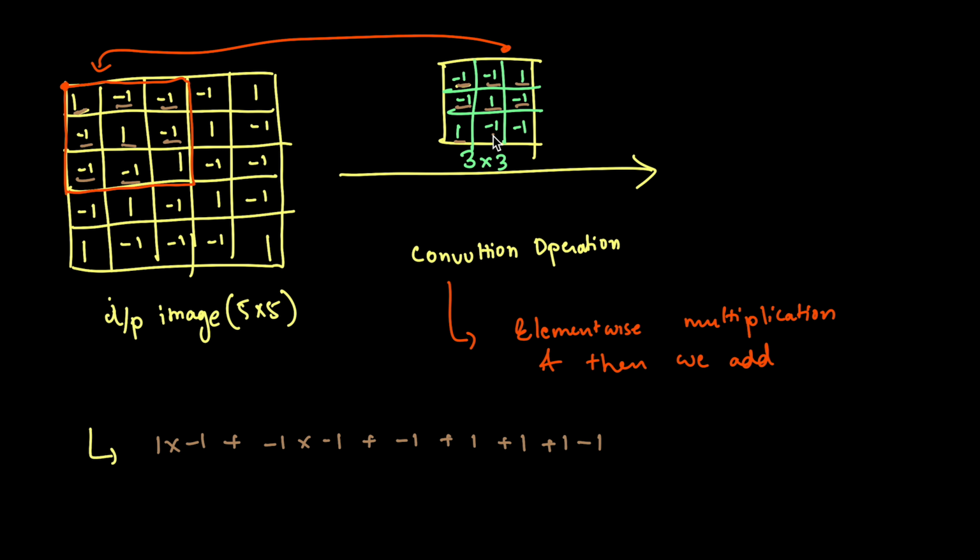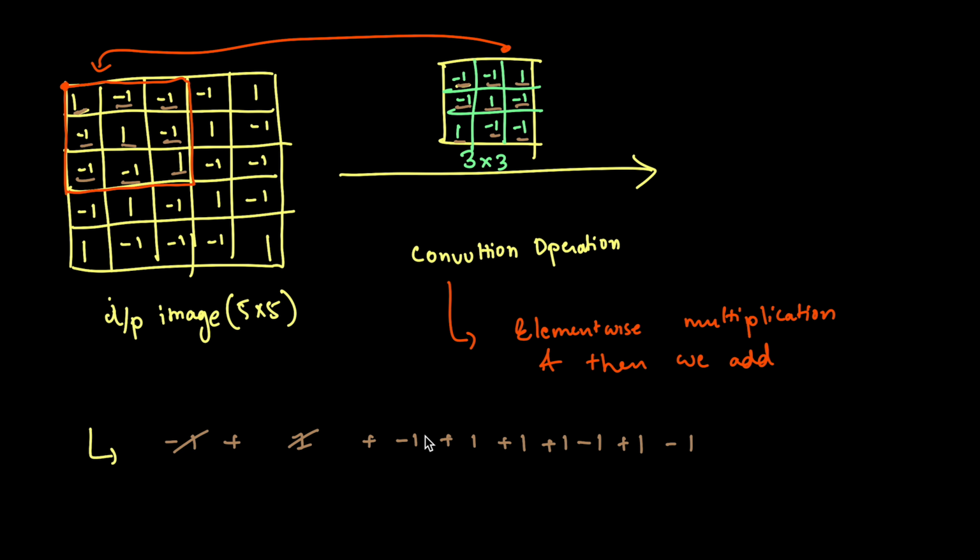Here there is a match, so +1, and here there is a mismatch, so -1. These are all the values that we get by doing element wise multiplication.